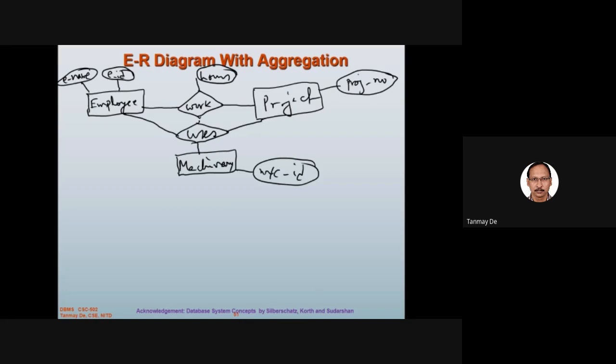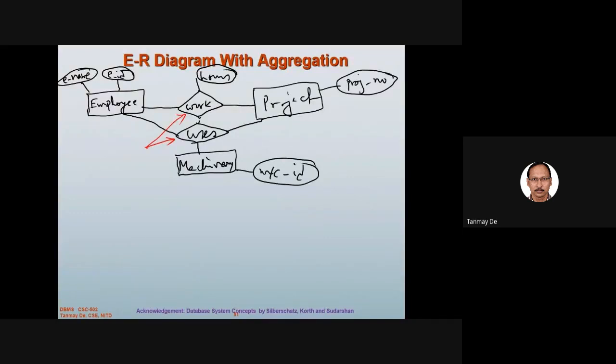So you can see the similar thing happens, whatever we discussed in the just previous example. All the uses relationships correspond to the work relationship also, but not all the work relationships correspond to uses, because there may be some employees who engage in some project but do not use any machinery parts.